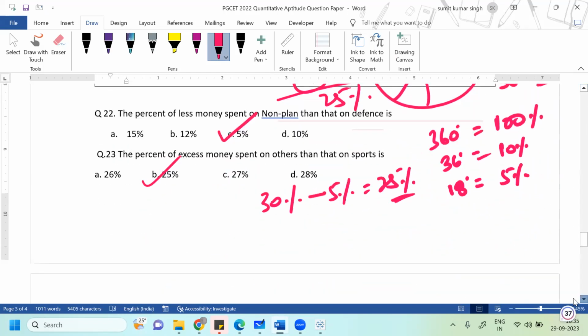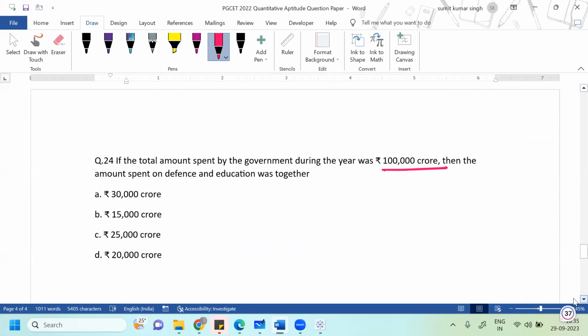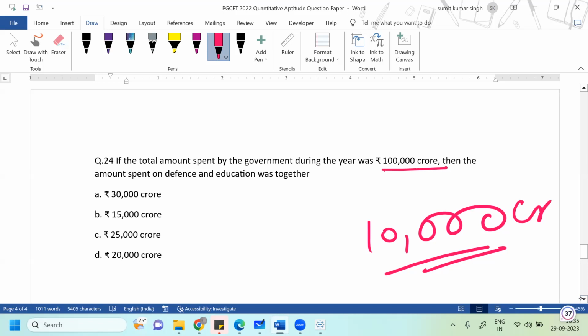So if this total expenditure is 100, this is 10,000 crore, right? So 25%, which is 1/4 of 100, would be 2,500 crore. 1/4 of this would be 25, so 25,000 crore.